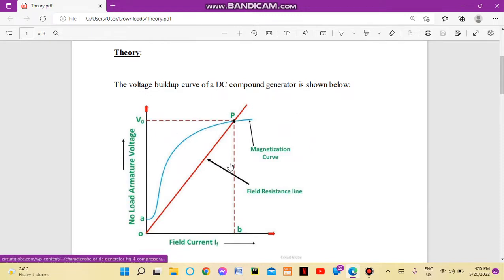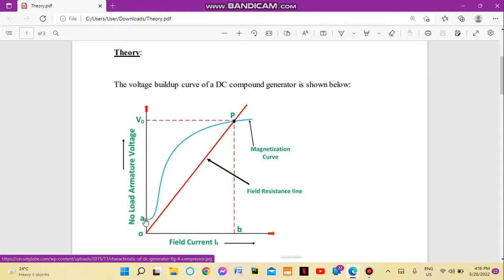If you look at this graph carefully, whenever the field current increases, there is a corresponding increase in armature voltage, and from a certain point, point P, no matter how much current we increase, the voltage is going to be saturated. So this is basically the open circuit characteristics of DC compound generator.